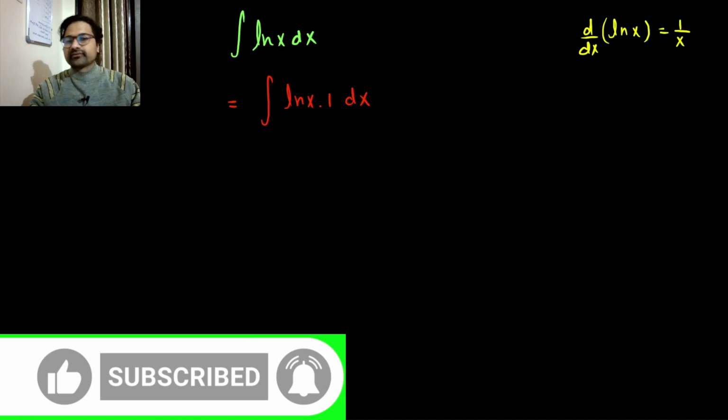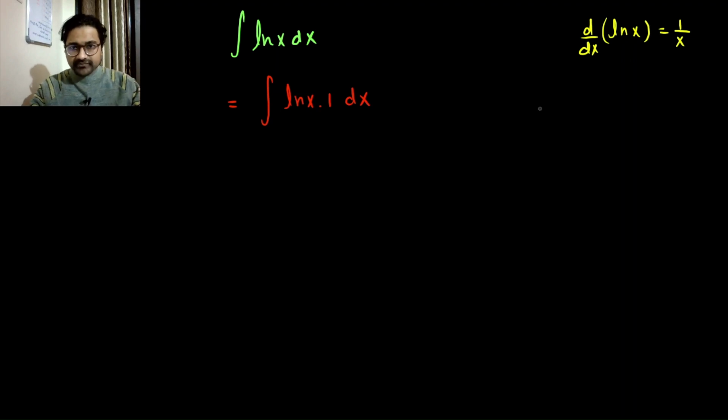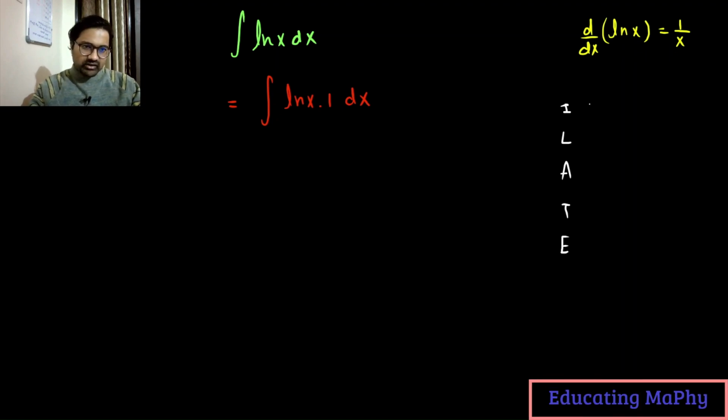Now we ask ourselves which one is f of x and which one is g prime of x. This is where we look for the ILATE rule. I-L-A-T-E. The ILATE rule gives us an idea about which function we have to take first, and which one is f of x and which one is g prime of x. I stands for inverse, L stands for logs, A is arithmetic, T is trigonometry, and E is exponential.